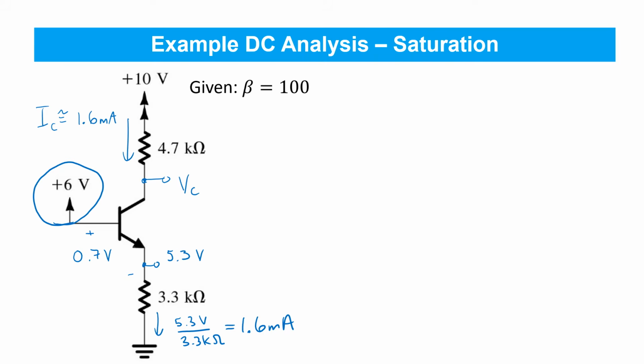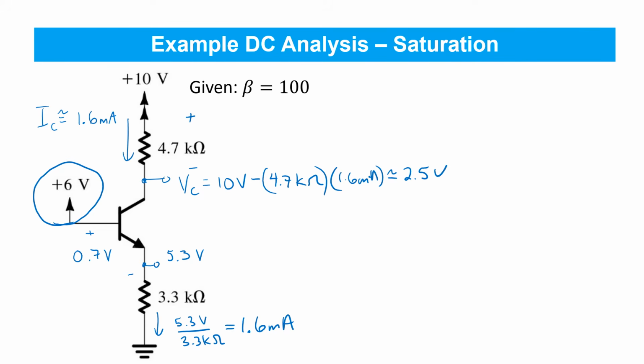And we find that VC is 10 volts minus the voltage drop across this resistor, 4.7 kiloohms times the 1.6 milliamps, and it turns out that's about 2.5 volts.